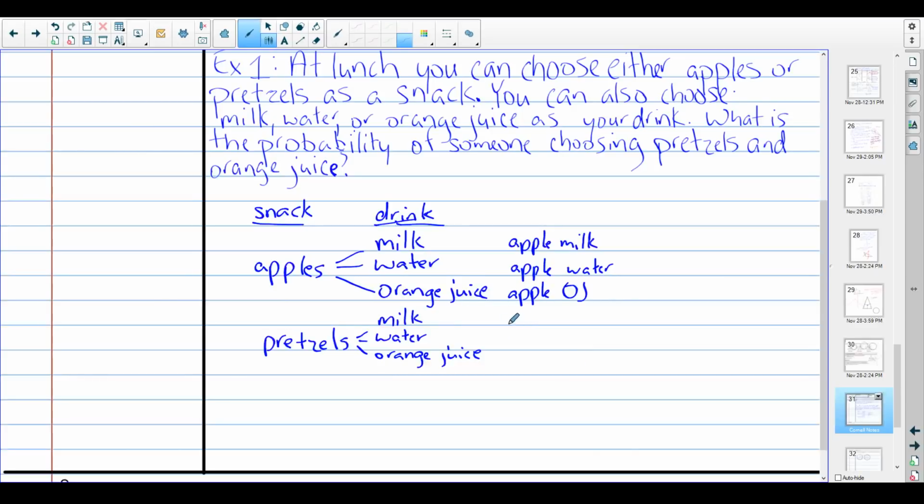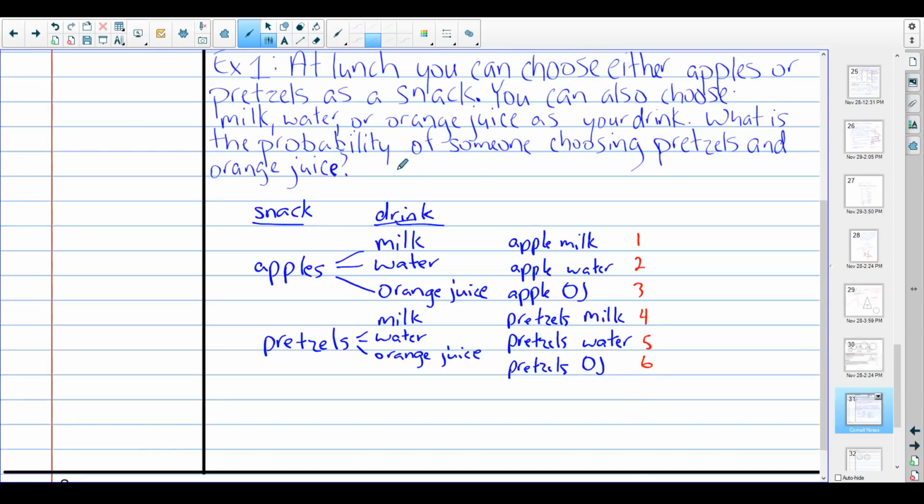And then down here, we could have pretzels with milk, pretzels with water, or pretzels with OJ. So we have a grand total of 1, 2, 3, 4, 5, 6 outcomes.